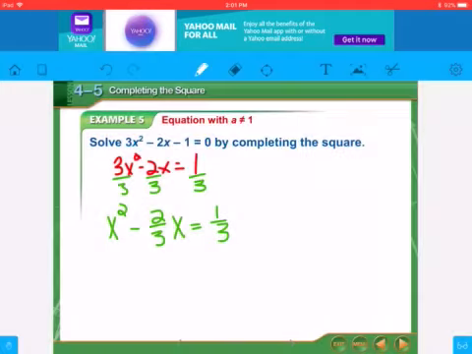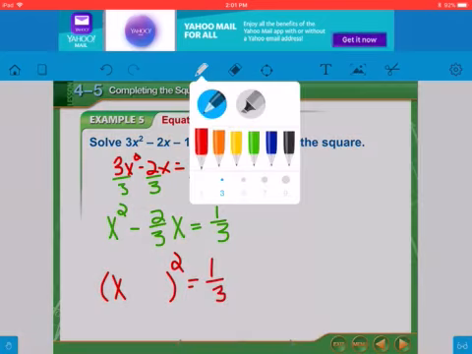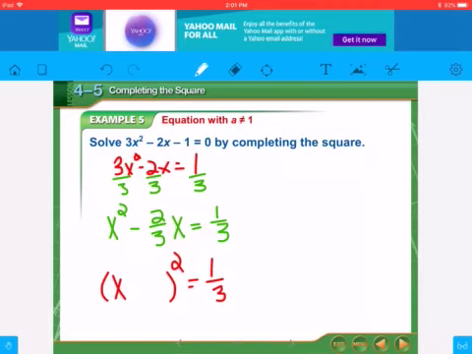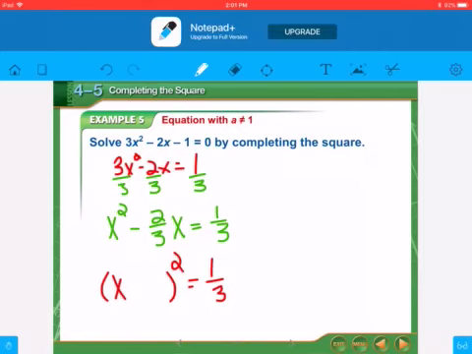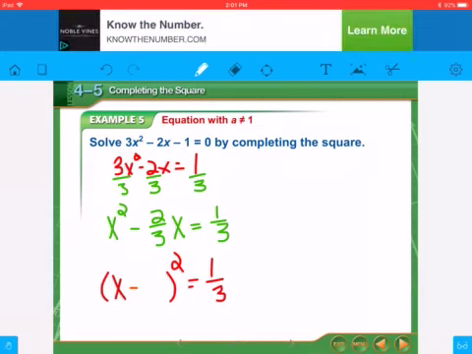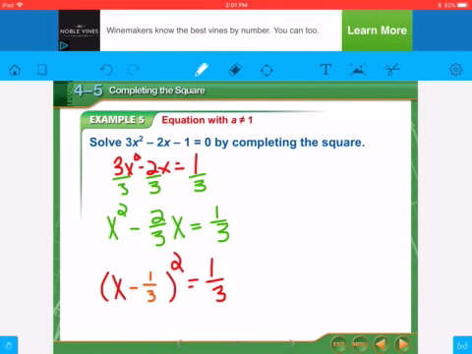Now we can set up our parentheses. So parenthesis x, leave some space, close it, squared equals 1/3. And now for what goes in the parentheses, you take half of b. So half of negative 2/3 is going to be, let's see here, negative 1/3.